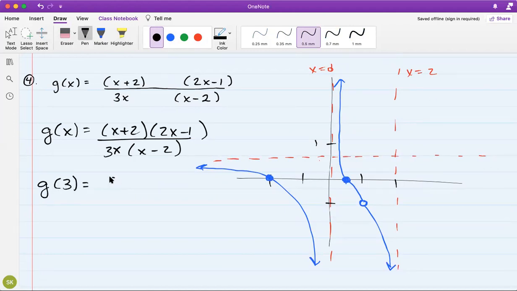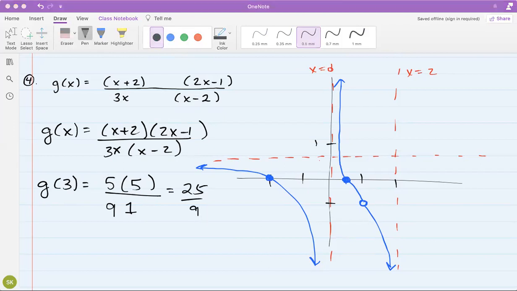So we'll get 5, 9 on the top here over, hold on, let me redo that. So 3 plus 2 is 5, and then this will be 3 times 2 is 6 minus 1, which is also 5. 3 in here gives me 9, and then 3 minus 2 is 1. So we get 25 over 9, and we can put that in the calculator to get an estimate of what that is. It's 2.78.